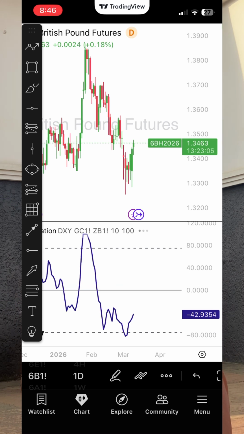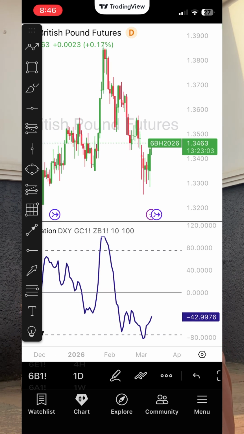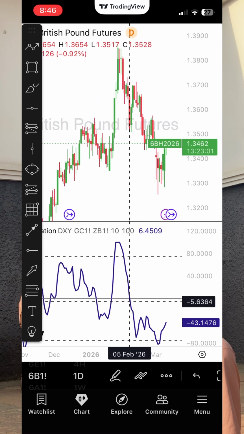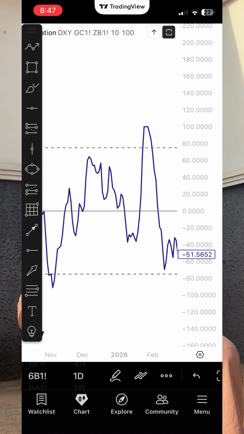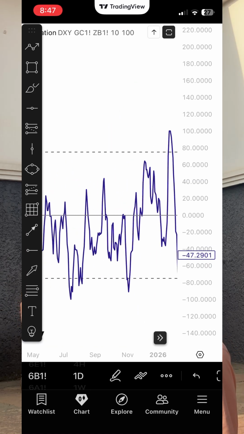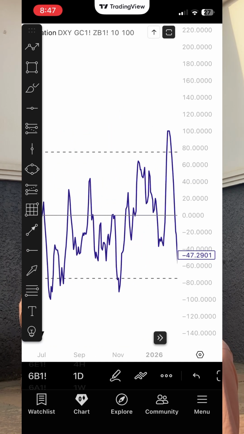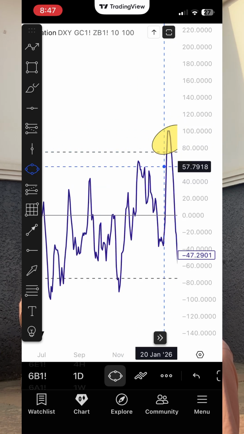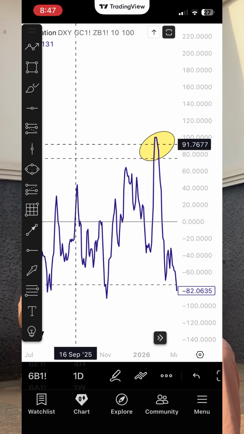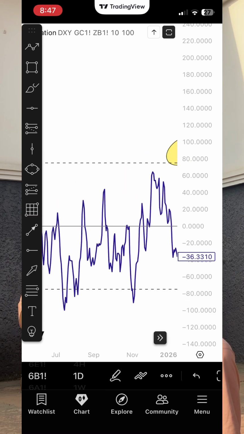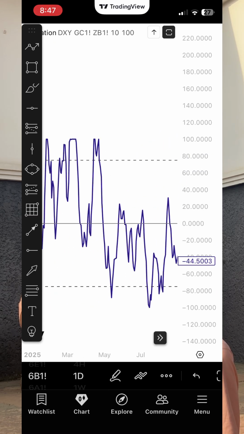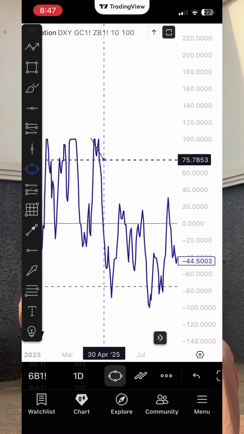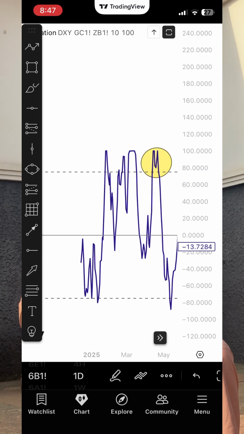So for the British pound, I want to take you back and show you periods where, on the 10 ROC length, we were overvalued, and what usually happens in the market whenever we cross this overvalued line, which is these dotted lines here. So this is when we are overvalued. This is also a point where we are overvalued here, and you'll notice a pattern.